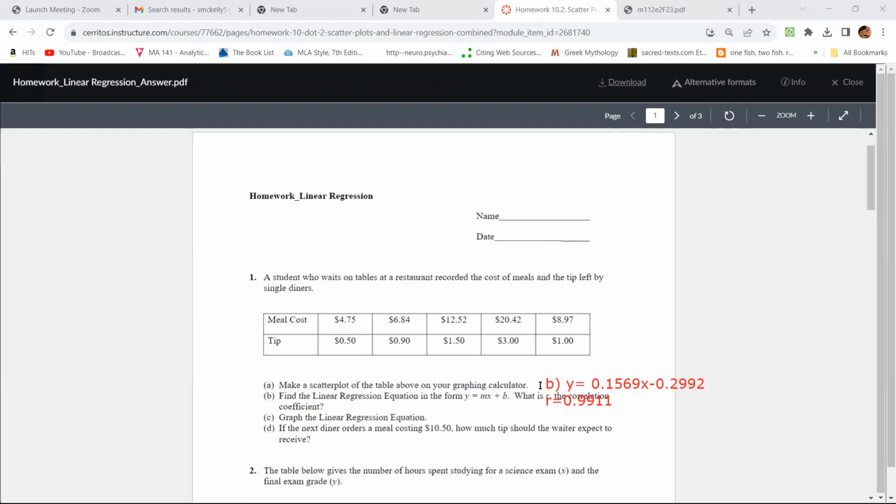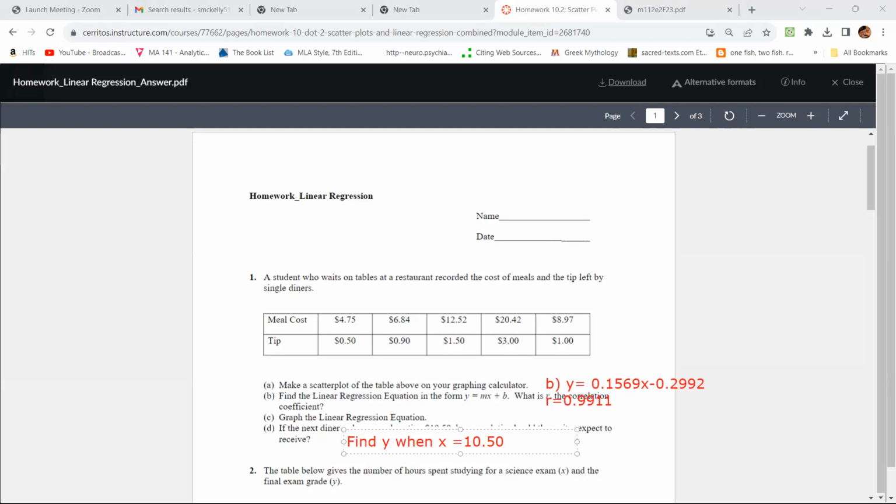Meal cost, as I told you, is your X. So you're going to assume for letter D that your X, another way of saying this is find Y when X is $10.50.